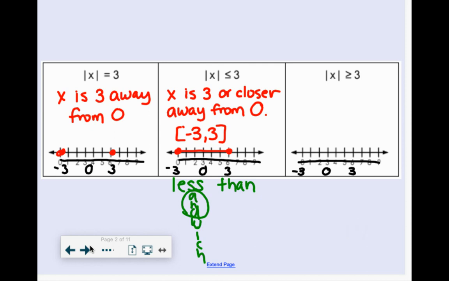Then moving on to the next one, if we want the distance to be greater than or equal to 3, then x is 3 or further away from 0.